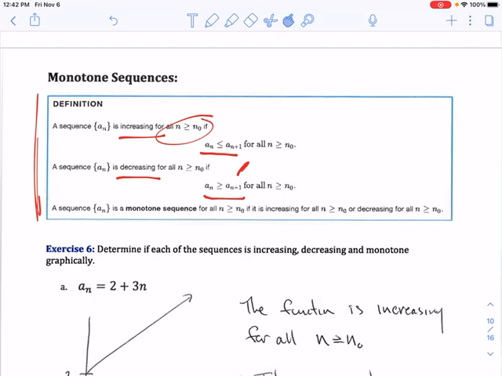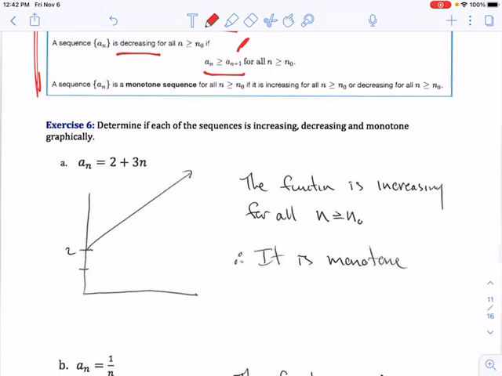So the first two examples we're going to look at, we're going to be looking at from a graphical perspective. So here we have a nice simple arithmetic sequence. You should recognize that. And even though I plotted the sequence as a straight line, we know that the sequence is simply a series of discrete points.